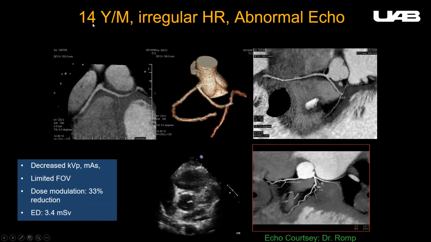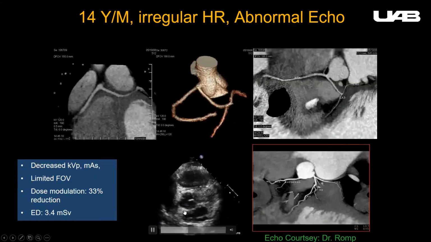This is an example of such a case: a 14-year-old male who had an irregular heart rate, which led to a cardiology consult and then an abnormal echo. This is the echo which was done, and you can see the left main coronary artery arising from the right side cusp, but we do not know whether it is going in between the vessels or is intraseptal.